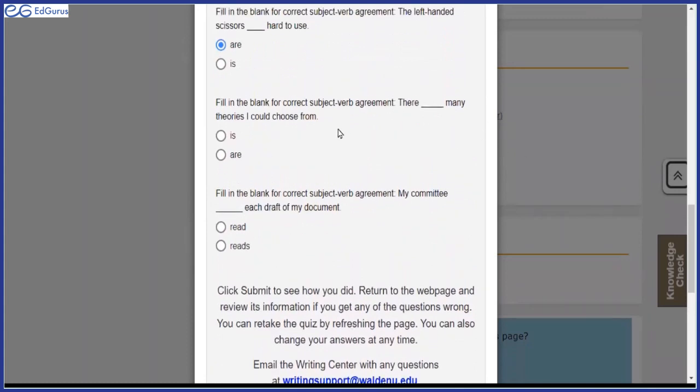There are ___ many theories I could choose from. There are. Right. My committee ___ each draft of my document. Reads. My committee reads each draft of my document. Right?